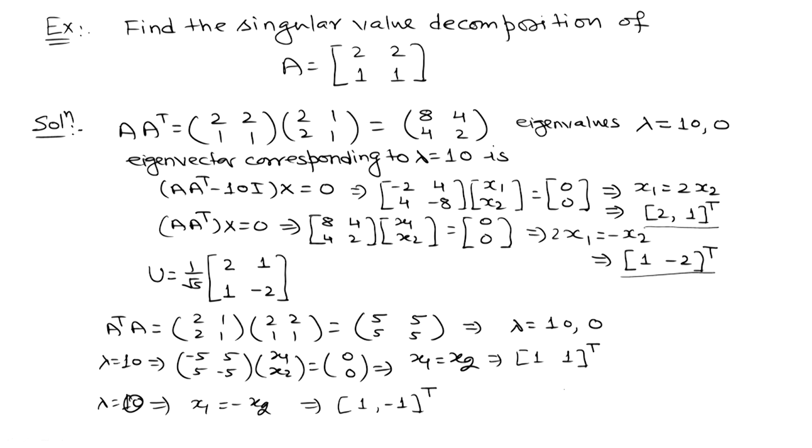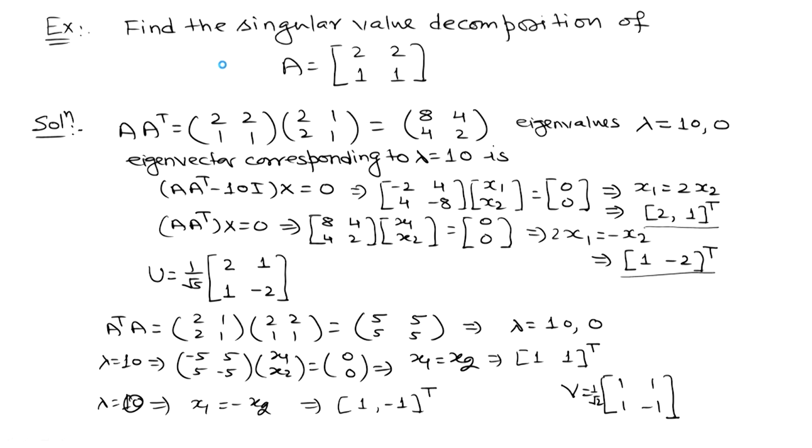So, here my matrix V will become the eigenvector of A transpose A corresponding to lambda equals 10. So, it is 1 1, only thing I have to divide it by the length, which is root 2, 1 1 1 minus 1.